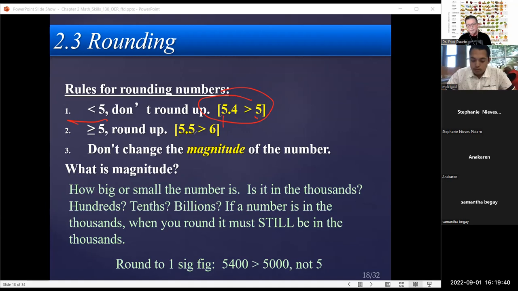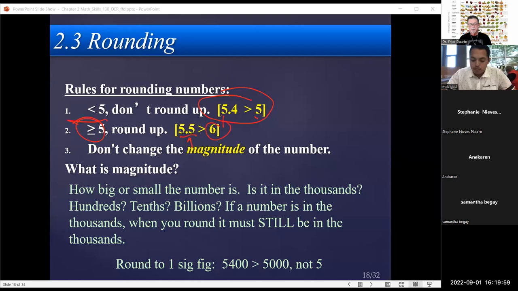If the number is 5.5, for example, and we want to round it to the first digit, we look at the neighbor, which is 5. And 5 is greater than or equal to 5 itself, therefore the number we're rounding becomes 6.